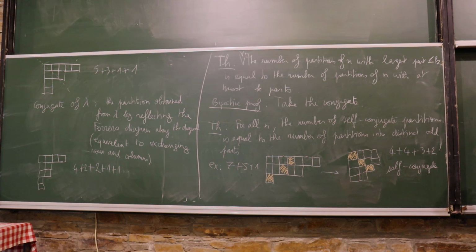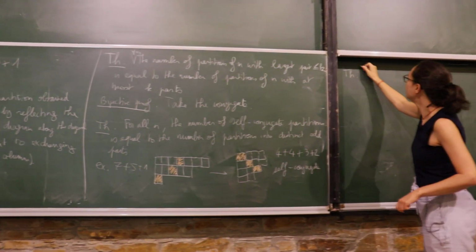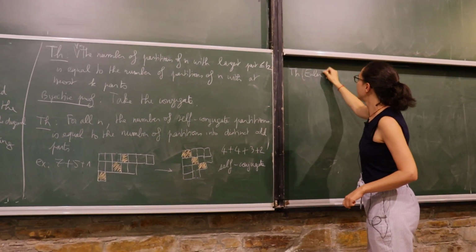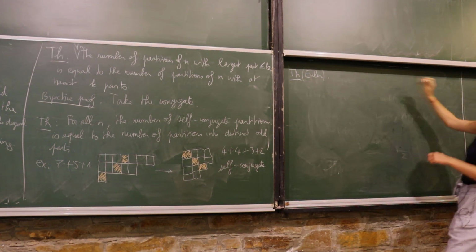And it will be useful to also give you another bijective proof of Euler's theorem, because I have been asked yesterday if there are some more graphical bijective proofs of Euler. So I will answer that today. I will just remind what Euler's theorem was. I will split my board first.